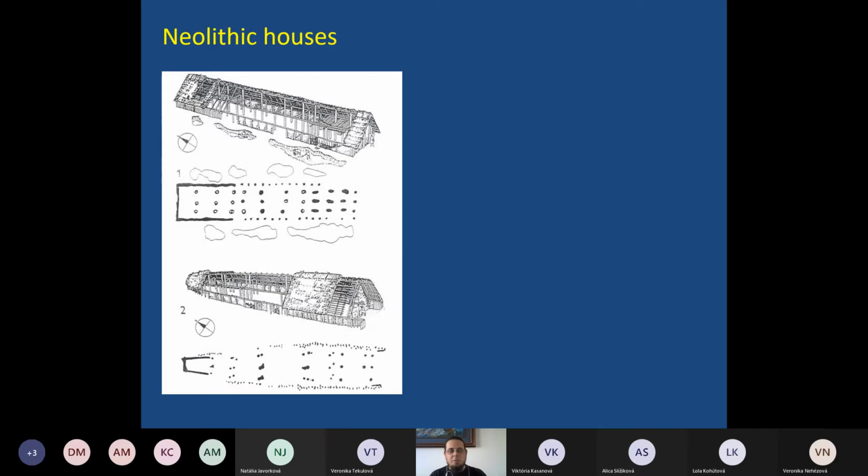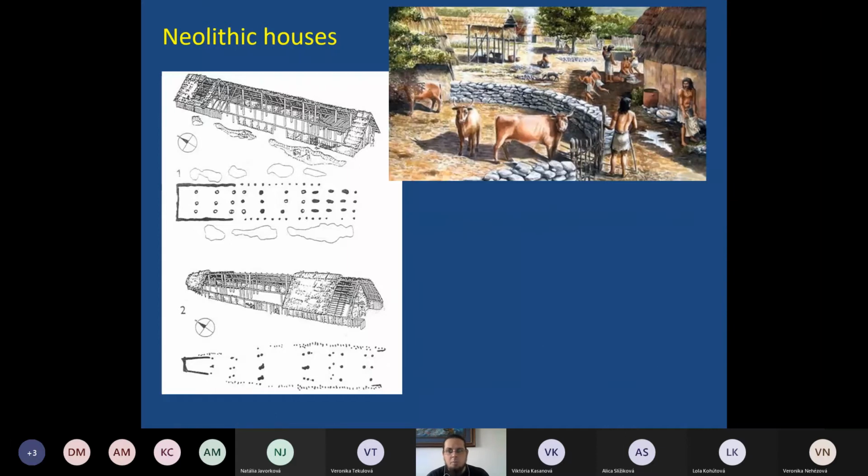Neolithic houses, when you compare them to the tents of Mesolithic hunters and gatherers, are very different. Today I read some proposals that it was not only for big families, but a couple of families, and also kind of a storage place, but probably even for some ceremonial things. So it was kind of a thing that a really big house must be built with a lot of people around.